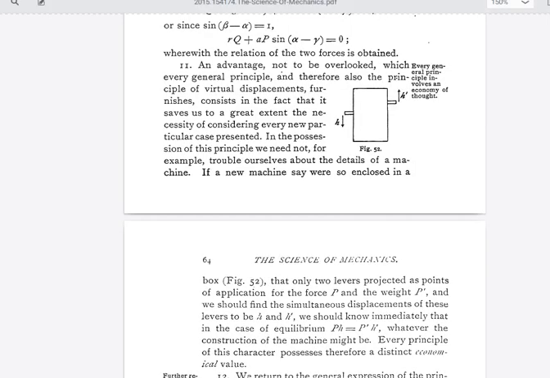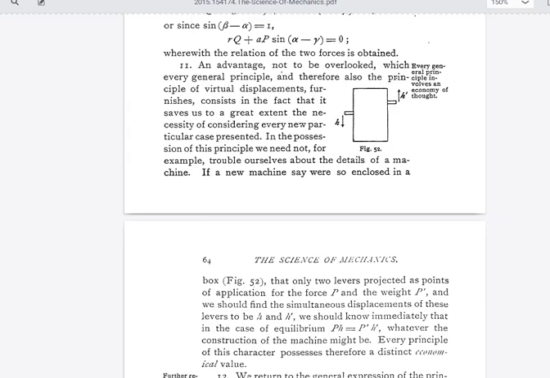An advantage, not to be overlooked, which every general principle, and therefore also the principle of virtual displacements, furnishes, consists in the fact that it saves us to a great extent the necessity of considering every new particular case presented. In the possession of this principle, we need not, for example, trouble ourselves about the details of a machine.